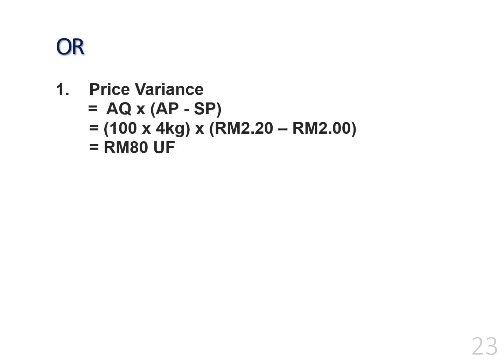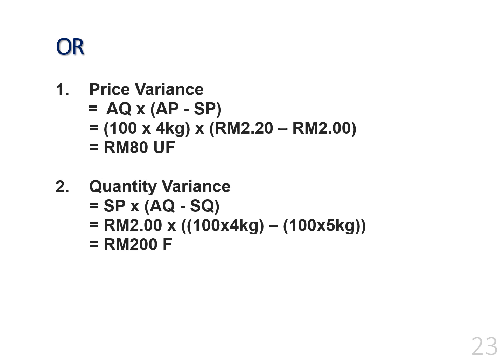Or you can calculate the direct material variances using the equation method. Price variance equals AQ multiplied by AP minus SP. So the answer is RM80 unfavorable.